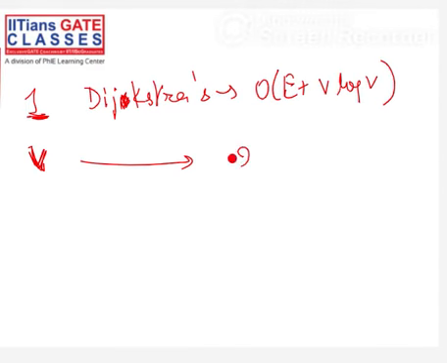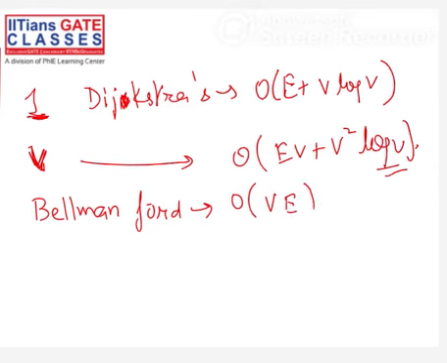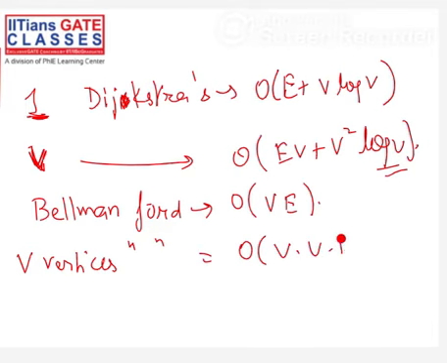So this will take order of V into E plus V square log V, correct? Now, if you run Bellman-Ford, Bellman-Ford once was taking order of V into E time. Now, if you run it for V vertices, that means order of V square E.